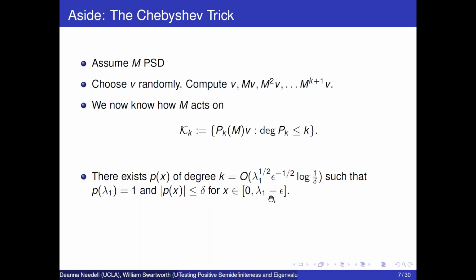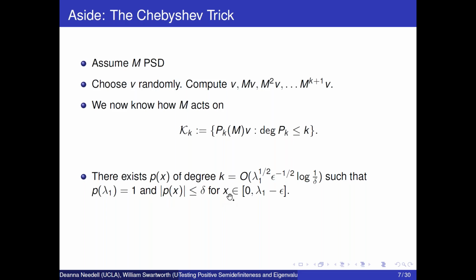Okay, so think of having an interval. For us, lambda 1 is at most 1. So we have a subinterval of 0, 1. Let's look at 0, lambda 1 as our interval. And on lambda 1, the polynomial is 1. And if I move additively epsilon away from it, the polynomial evaluates to at most delta.